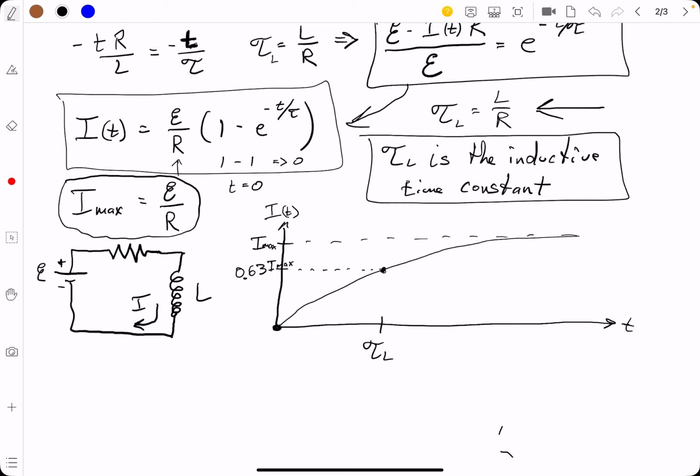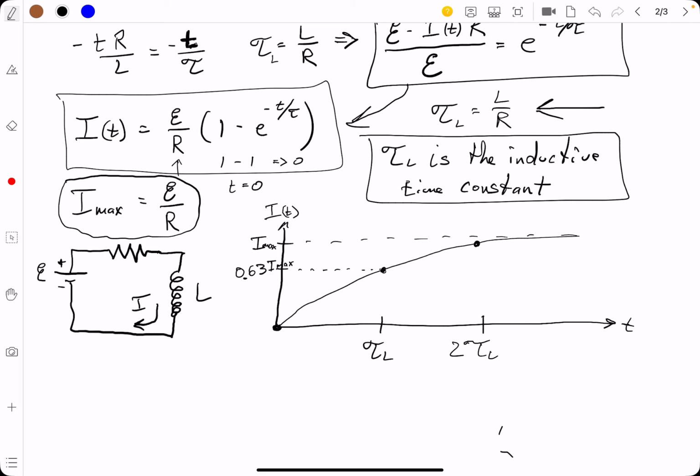And then we wait and do another tau here, and we'll have doubled our graph. You know what I mean. It's exponential growth, so to a point. So this is tau L, 2 tau L. Okay. I think you guys get it, right?